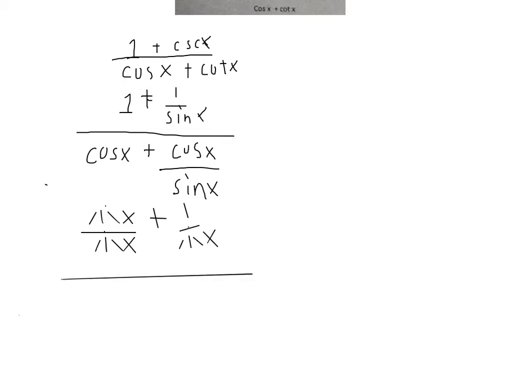Then in the denominator, we're going to multiply cosine of x times sine of x over sine of x and add that to cosine of x over sine of x.